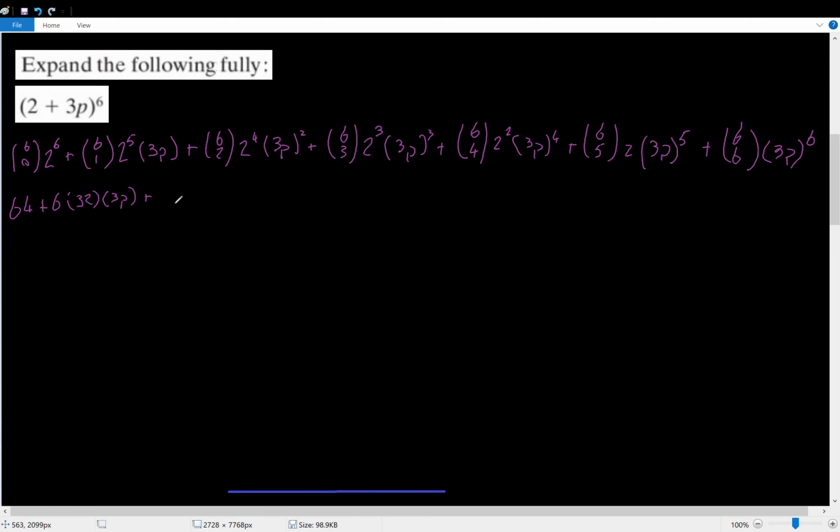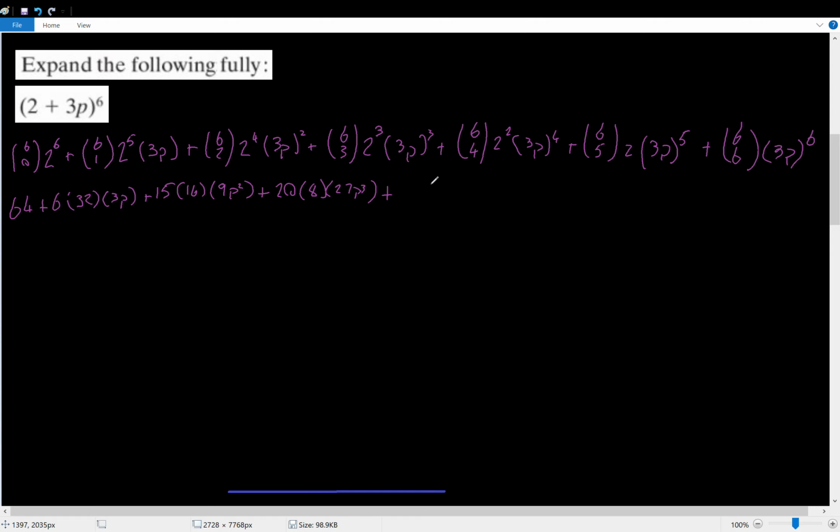And then 6 choose 2 is 15, and that's going to be times 2 to the 4, which is 16, and then 3p squared is going to be 9p squared, like that. And then for the next one, we've got 6 choose 3, which is going to be 20, so we've got 20 times 2 cubed, which is 8, times 3p all cubed, which is going to be 27p cubed, like that.